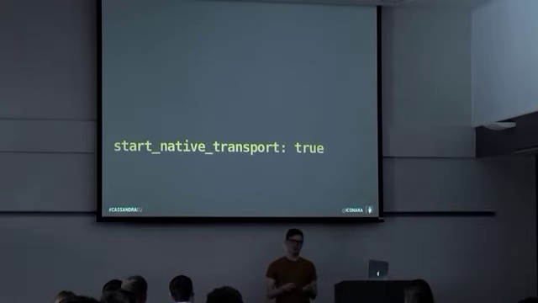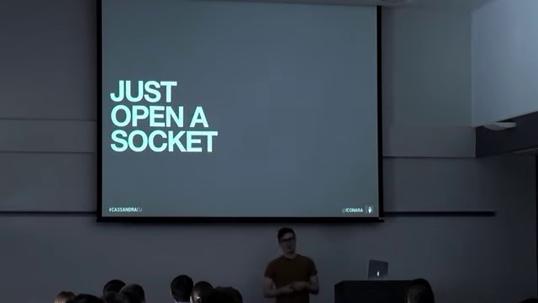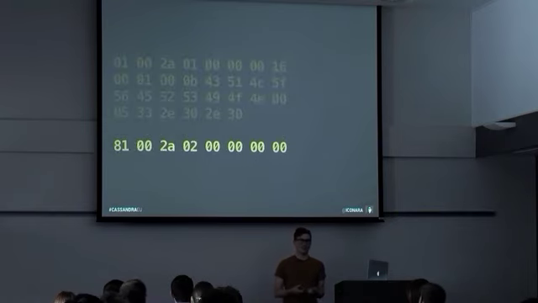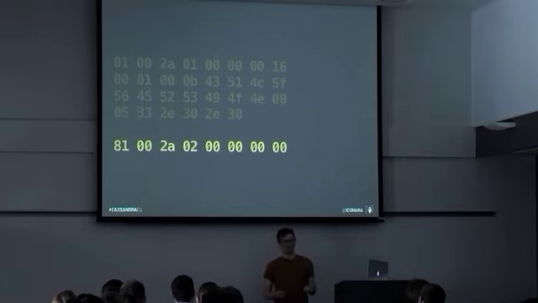But I sat down with the CQL protocol specification and the Ruby sockets API documentation and figured, well, I can probably do this. So what I did was, I just opened the socket and then I pushed a few bytes down it and Cassandra responded and I was like, yay, something's working. But what does this mean?